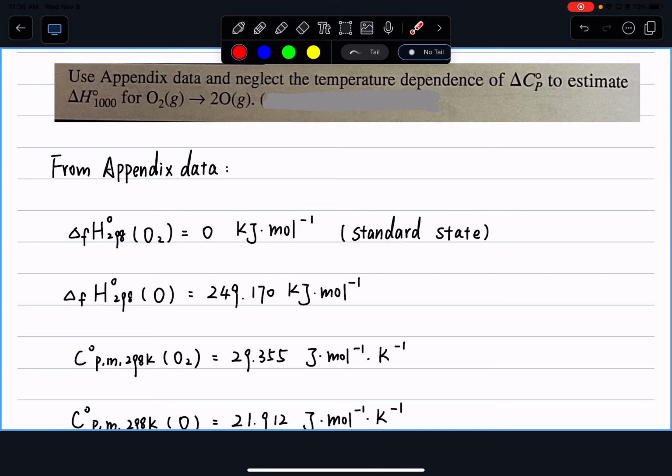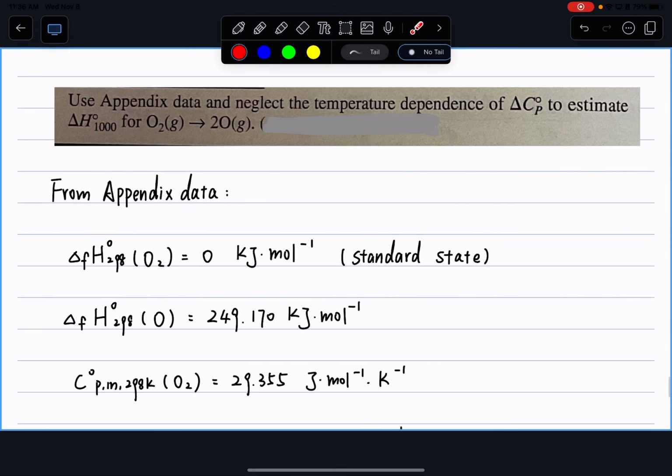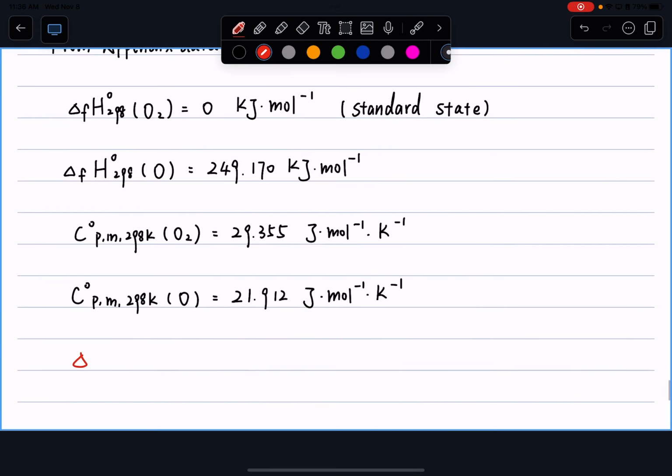All right. And by looking at it here, this is the information you can get by just reading that table. It also tells you we can neglect the temperature dependence. So what do we have? First of all, we can calculate the delta H of the reaction of this oxygen O2 decomposed into atomic oxygen at 298 Kelvin.